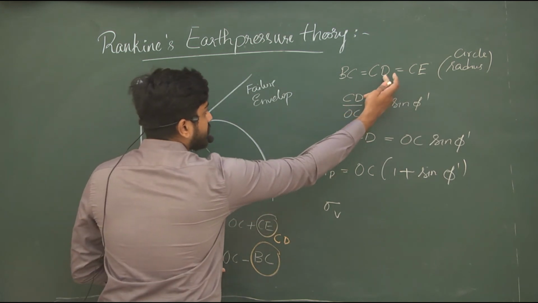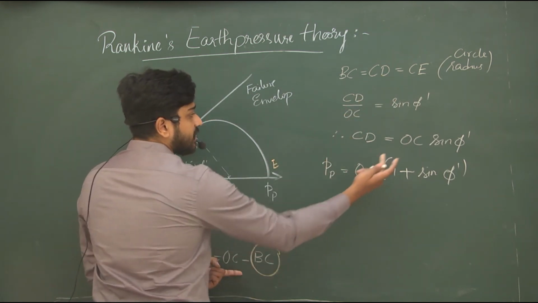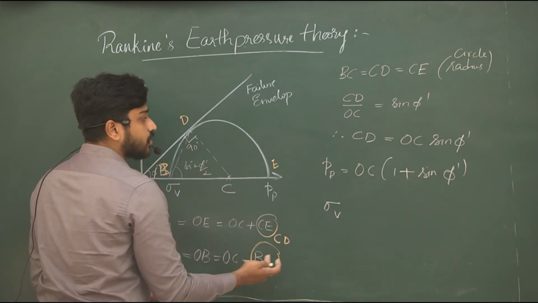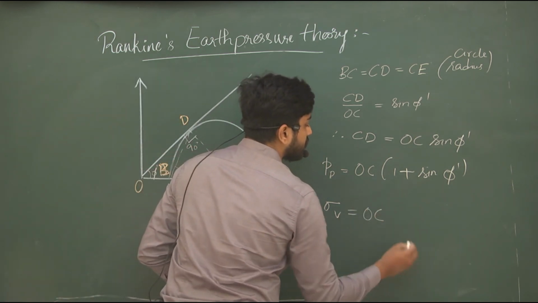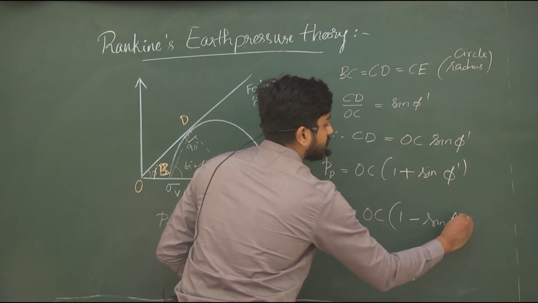BC is nothing but CD, so OC minus CD. CD is again OC sin phi dash, so simplifying I get OC minus OC sin phi dash, OC is common, so 1 minus sin phi dash.